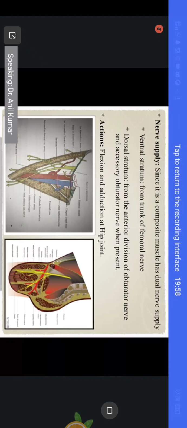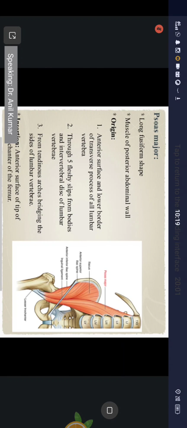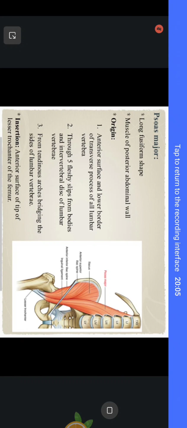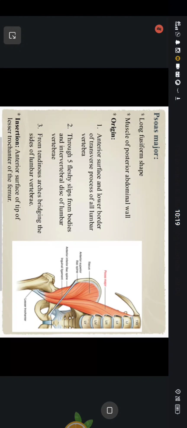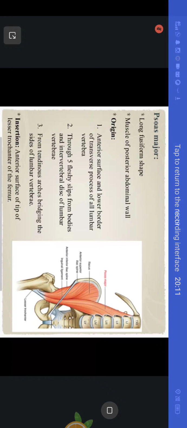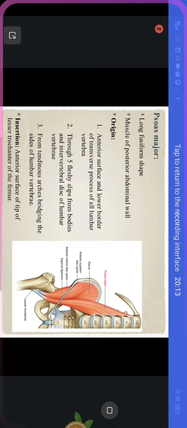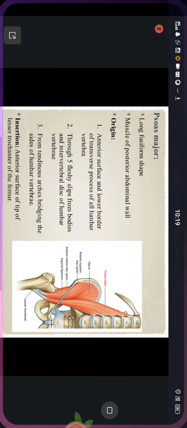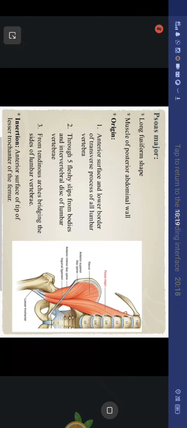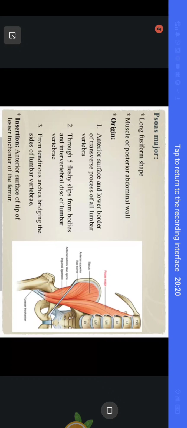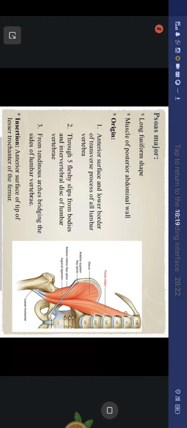So after this muscle, coming to the psoas major. This psoas major is a big muscle which is coming from the lumbar region and is inserting into the upper aspect of this thigh. This muscle belongs to the posterior abdominal wall also.